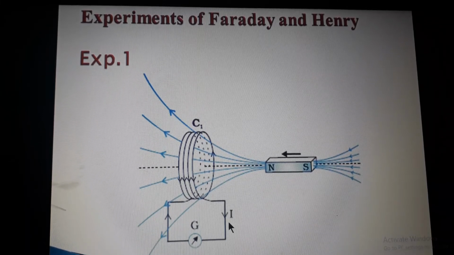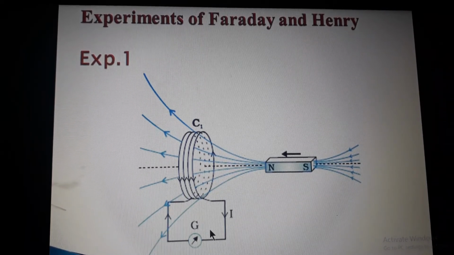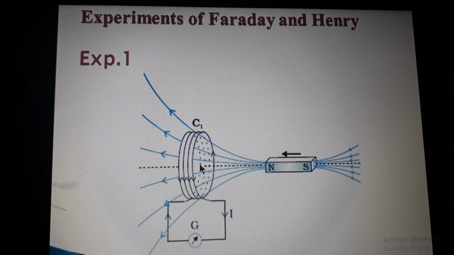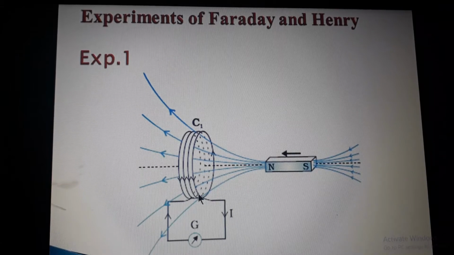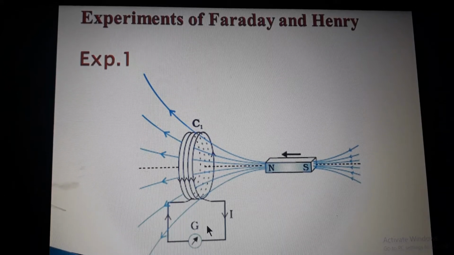Electric current flows. So the galvanometer indicates deflection in either direction, either positive or negative. Because the magnetic field lines are linked with this coil, some electric current flows, and due to that current, the galvanometer deflects.